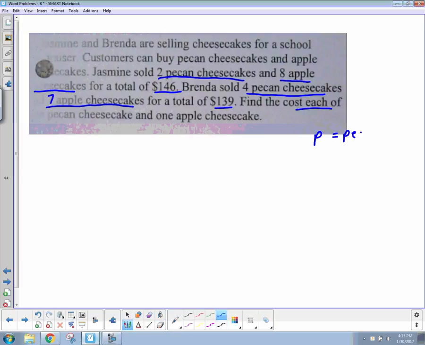You know there was such a thing as apple cheesecake. All right, so set your equations. 2P plus 8A equals 146. And the next one, 4P for pecan plus 7 apples should cost 139.